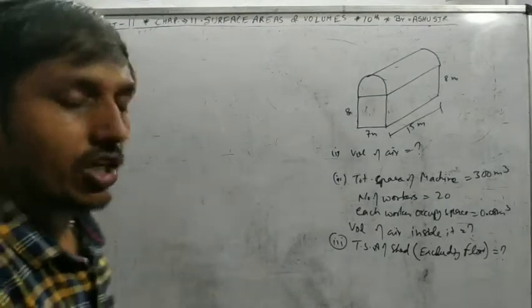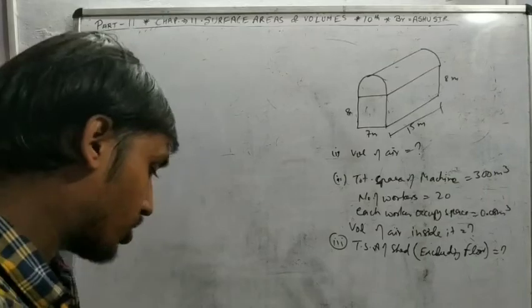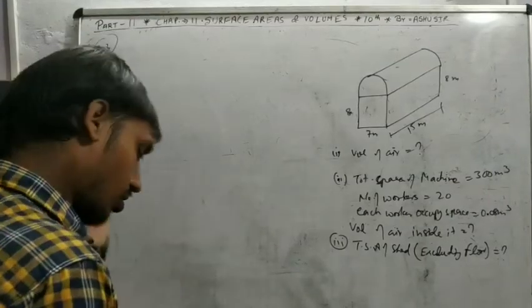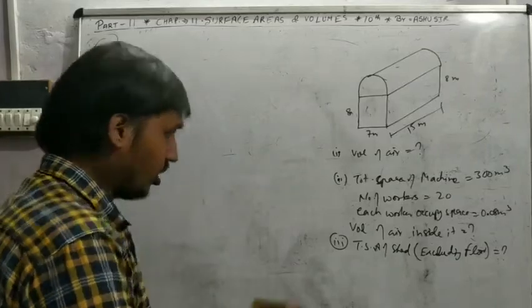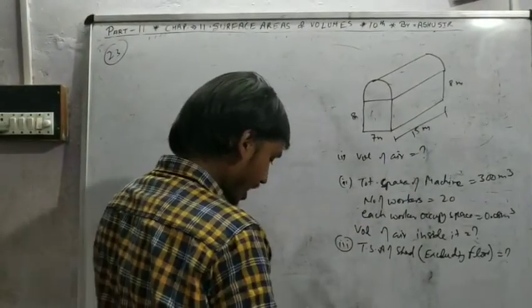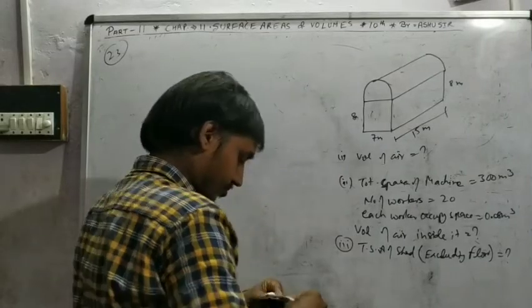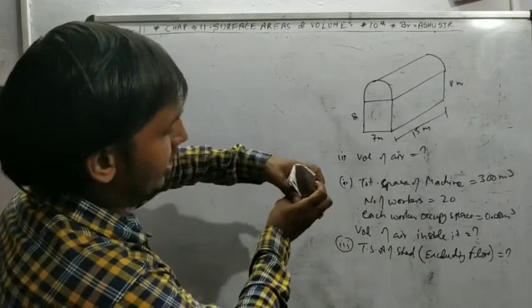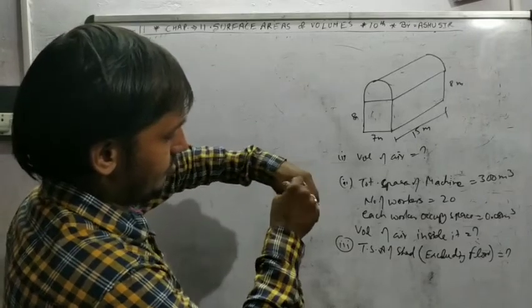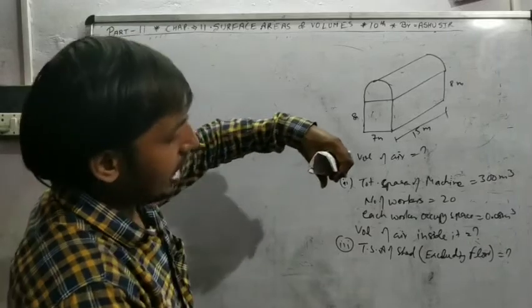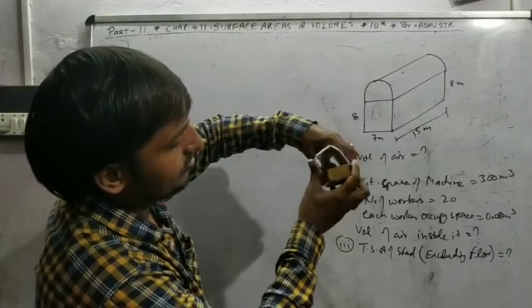We have to explain the question, so we explain it just like in the theoretical one. This is the cuboid base and this is the half cylinder. So this half cylinder is fitted just like this.